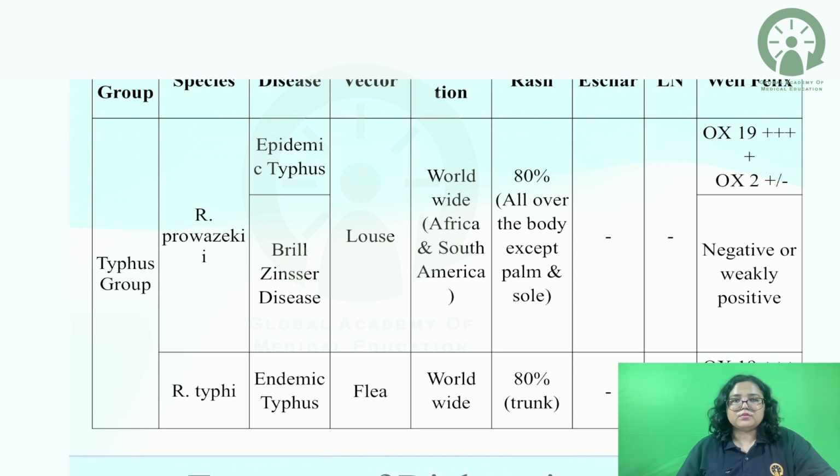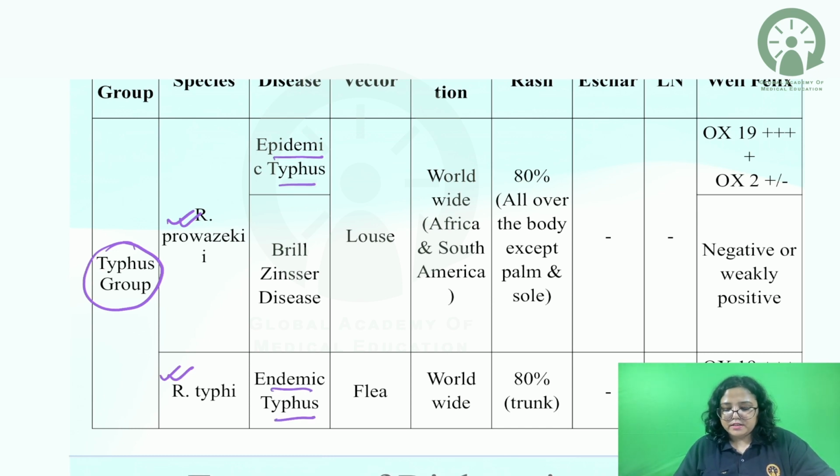Now in the typhus group, what are the species we have? The important species we have are Rickettsia prowazekii and Rickettsia typhi. Now how to remember? In the typhus group, we have epidemic typhus and endemic typhus. So from the typhus you can remember that the disease will be epidemic or endemic.